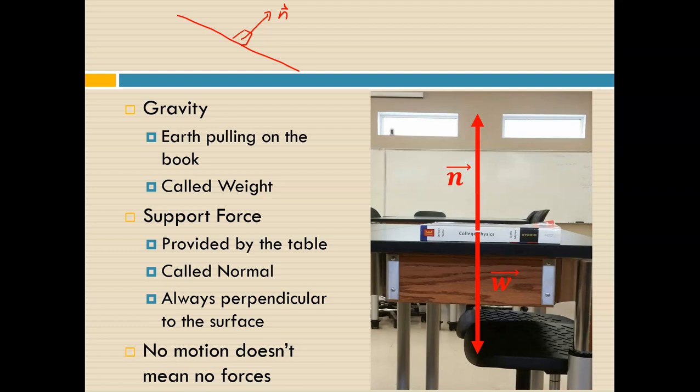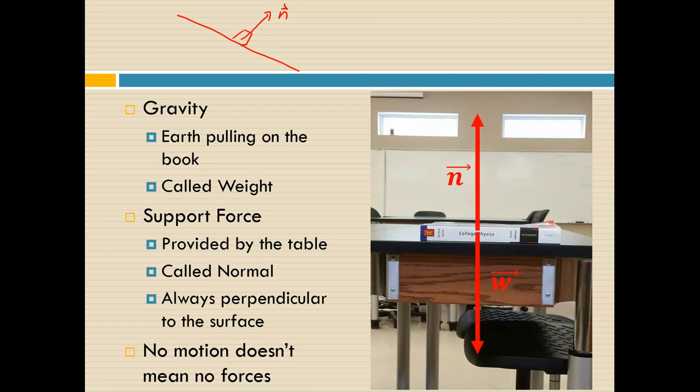Okay, now, do we have forces here on this book? Is the book moving? So what's the acceleration of the book? 0. As we saw in lab number 3, if we don't have acceleration, we don't have a net force. Well, here's the big thing. I'm not saying we don't have forces.